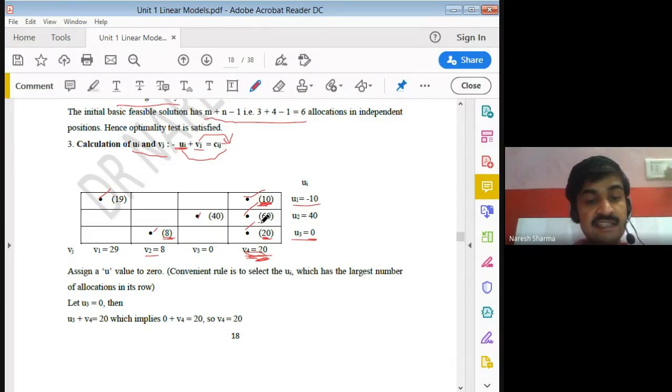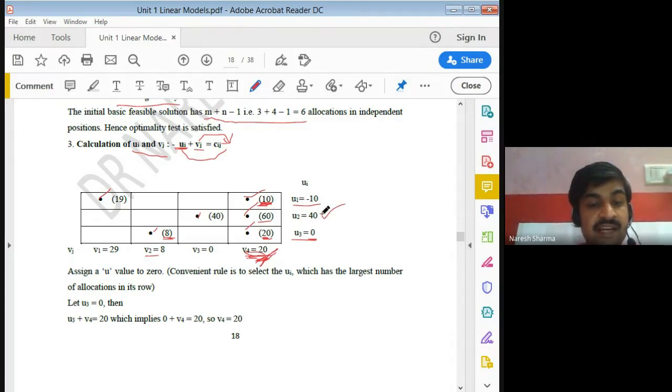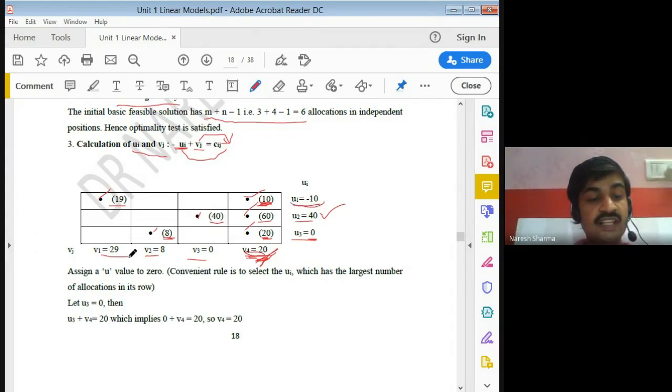Similarly 60 minus this 20 gives you u2, which is 40. And with the help of u2, we can calculate v3, which is 40 minus 40, which is 0. Now v1 can be calculated by using this 19 minus 10, which is 29.